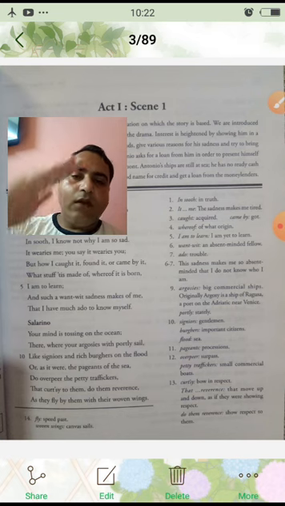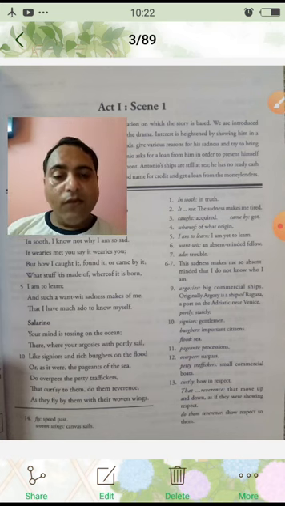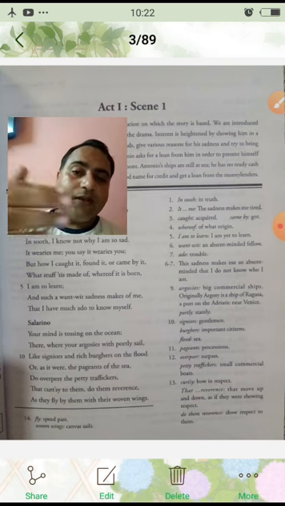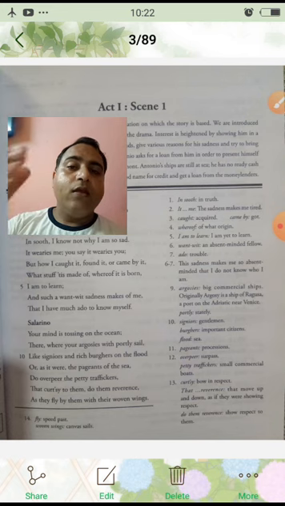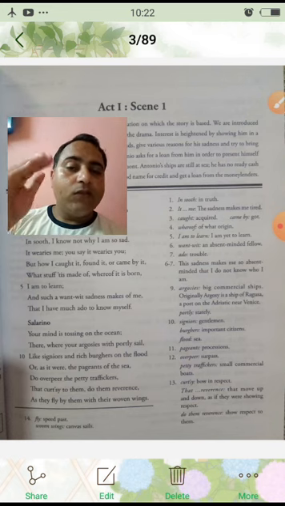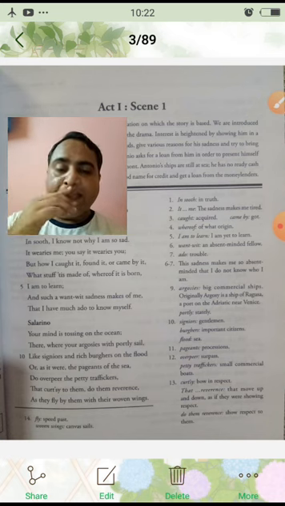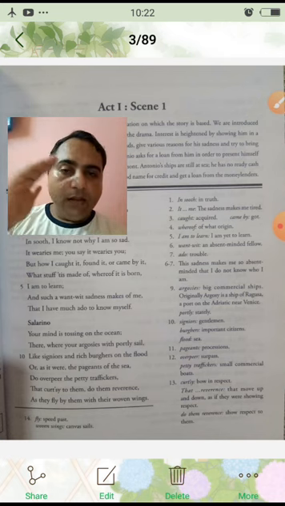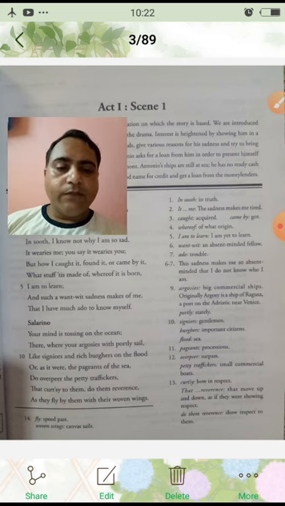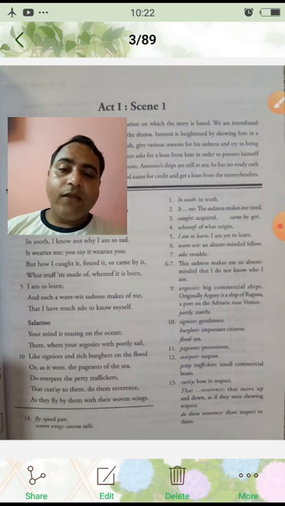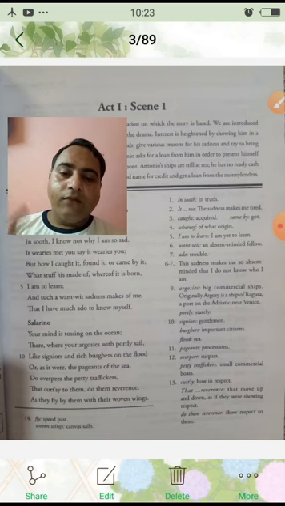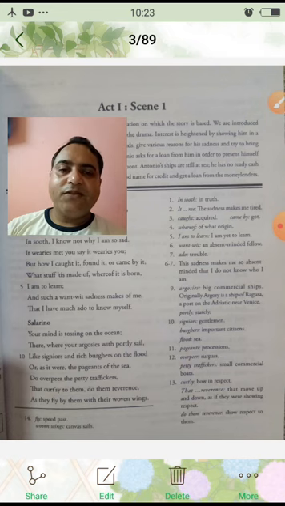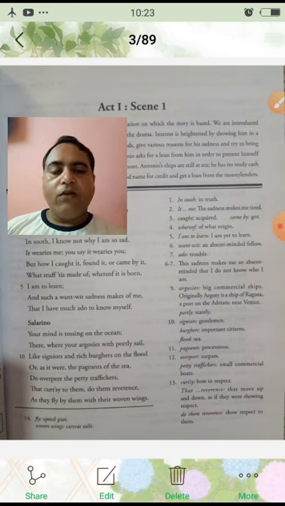That is, when your big ship passes the small boats at speed, it moves up and down on the waves in this way. It seems that the small boats are giving respect to your ships. And as they fly by them with their woven wings, fly is given at point number 14, that is, speed past, when they speed past them with the canvas sails, so it seems as if small boats are showing respect to your big commercial ships.